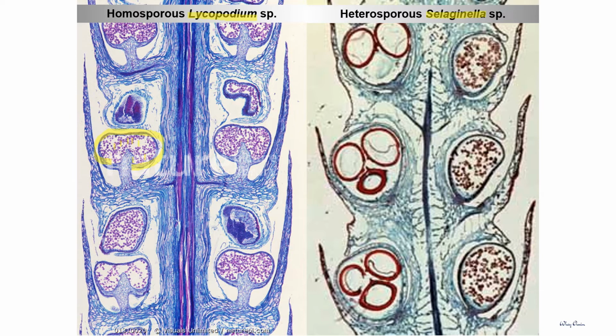In different sporangia, like this one, the megasporangium, megaspore is produced, which is going to become the female gametophyte after germination. And it has microsporangium, which contains the microspore, which is much smaller in size compared to the megaspore.